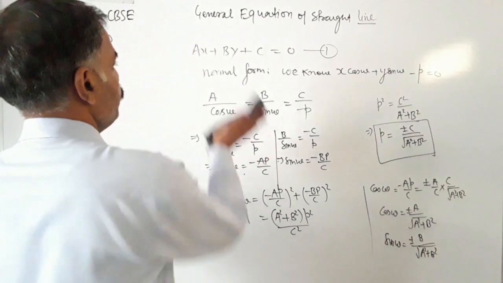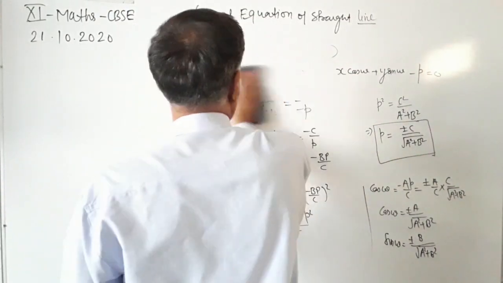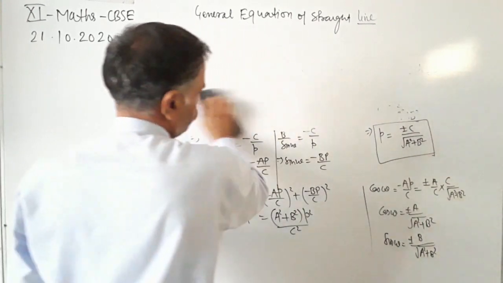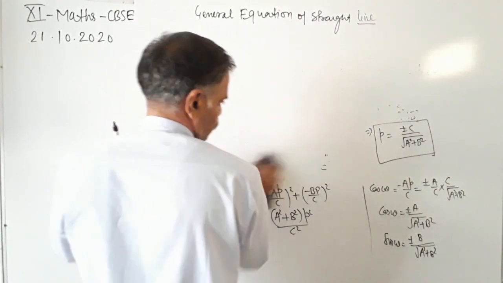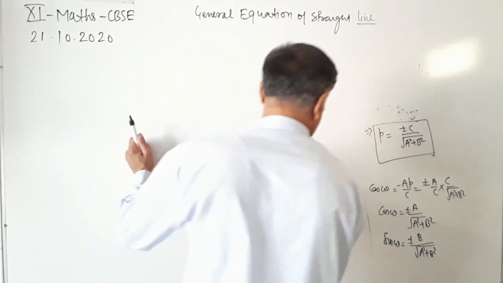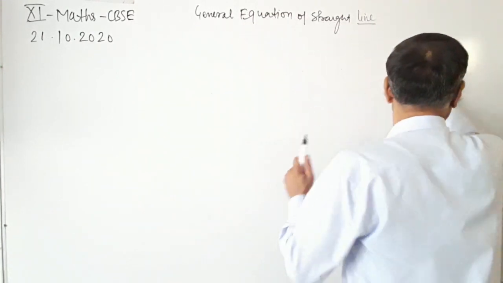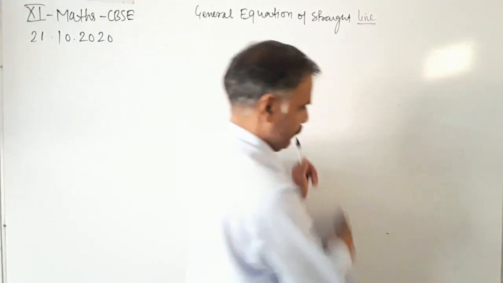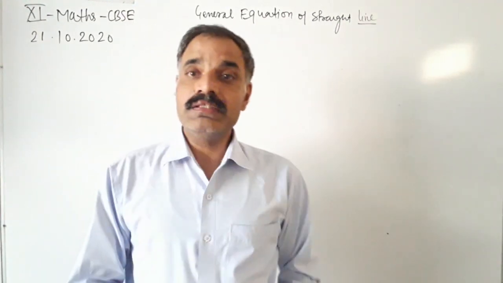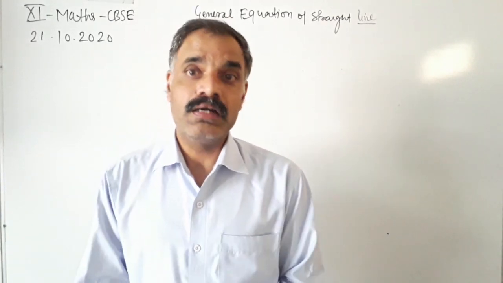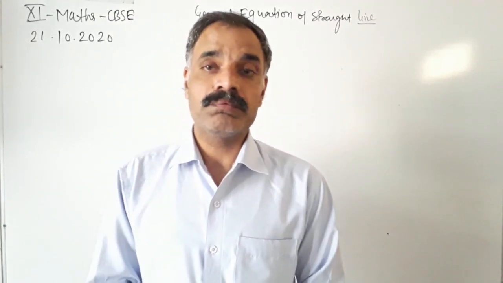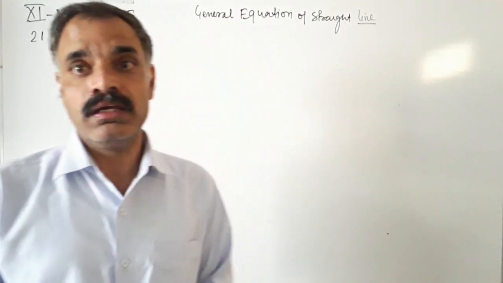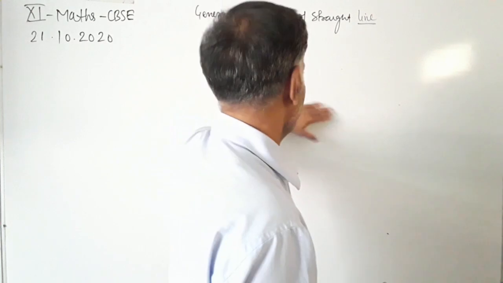Okay, now we will move forward to find the distance of the point from the given general equation of the line. Okay, are you understanding what I am saying?